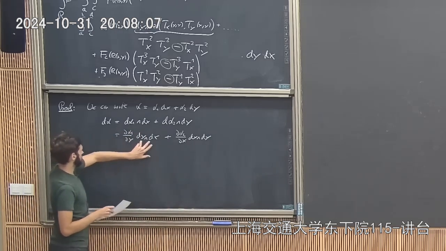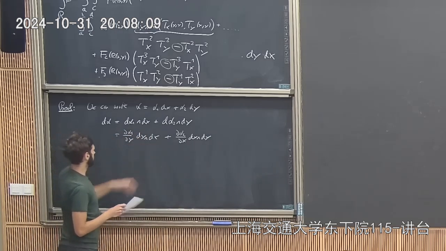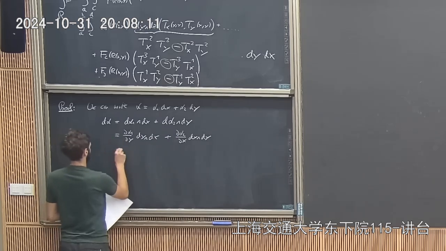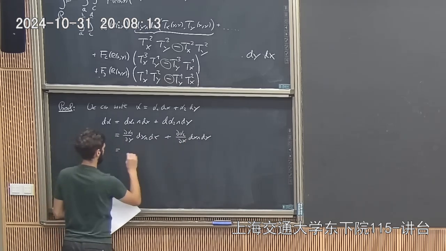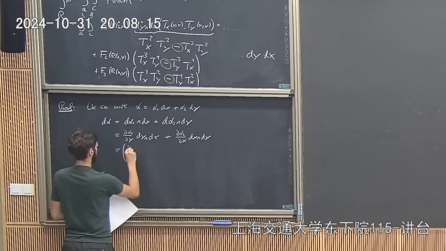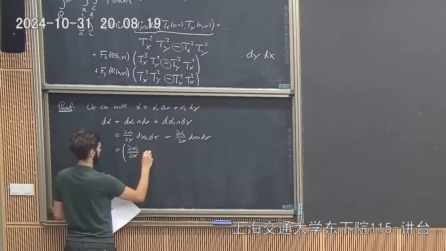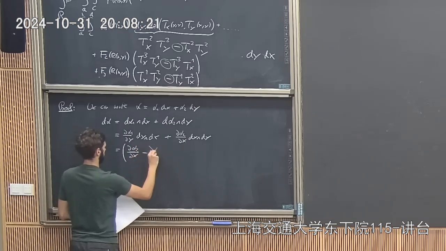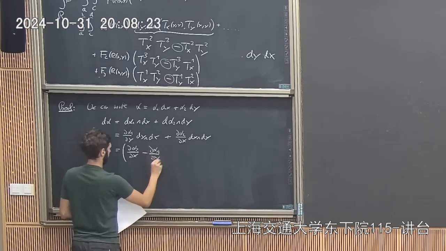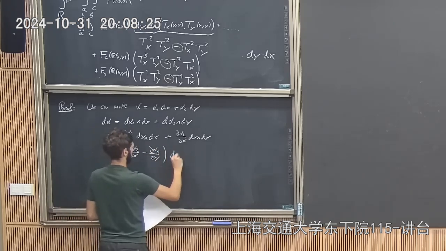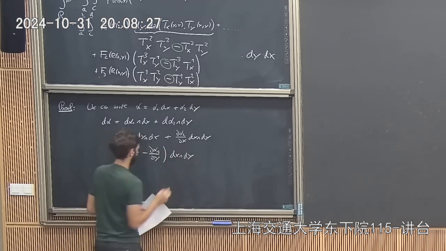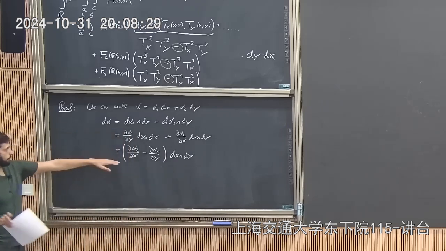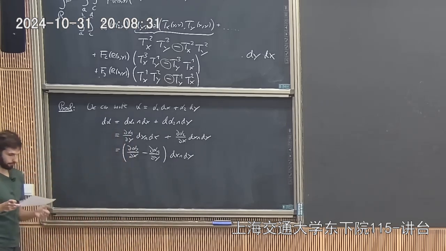So we have to turn around the summands again, and then we can combine these two forms. What we have is d alpha 2 over dx minus d alpha 1 over dy, dx dy, which is, by the way, the same formula that we got at the beginning of the class.